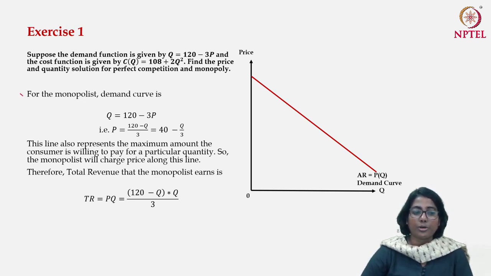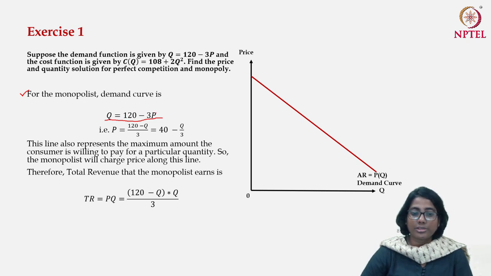So we start with the monopolist. For the monopolist, this is the demand curve, Q equal to 120 minus 3P. Now we can write it in an inverse way, because what we are saying is that the price is a function of quantity. We are trying to express price as a function of quantity.